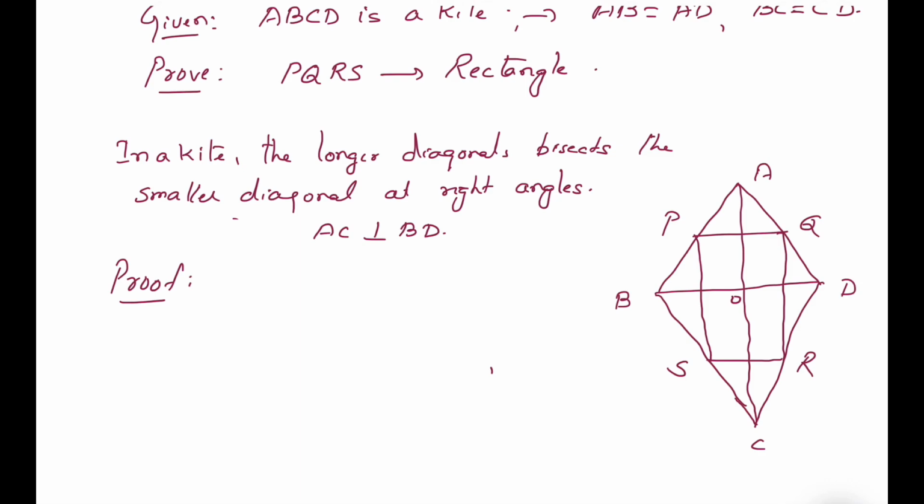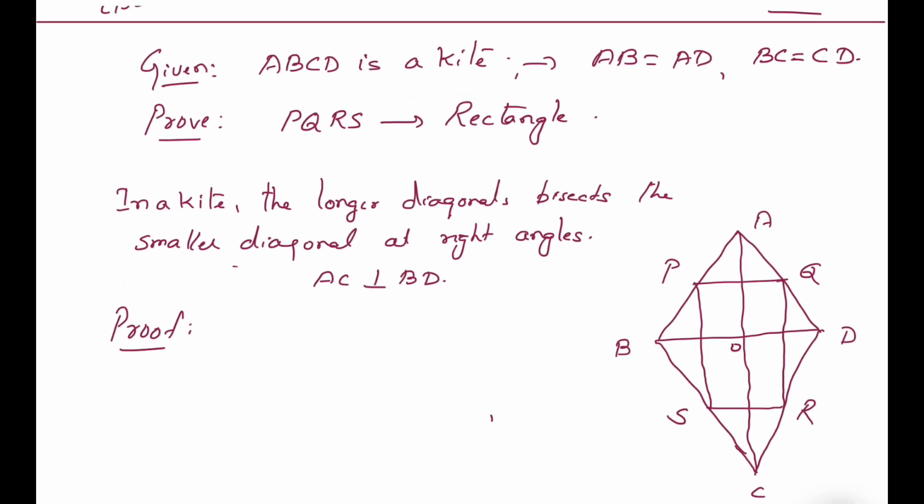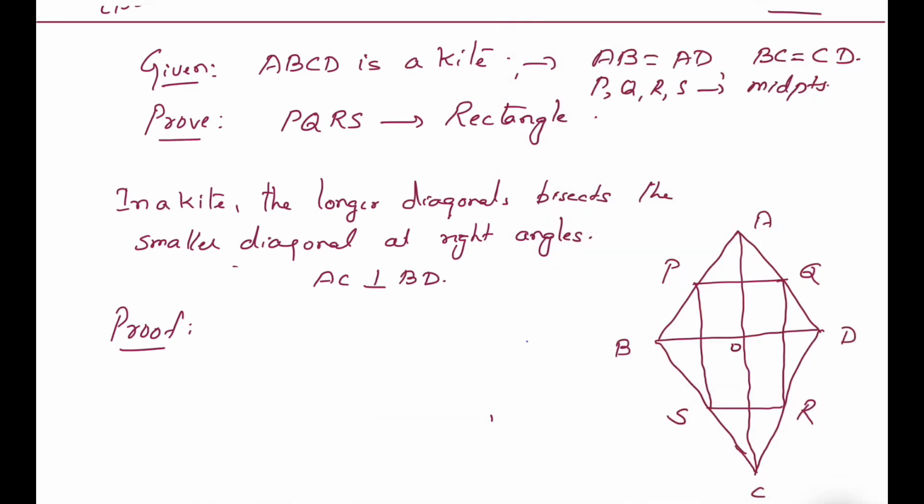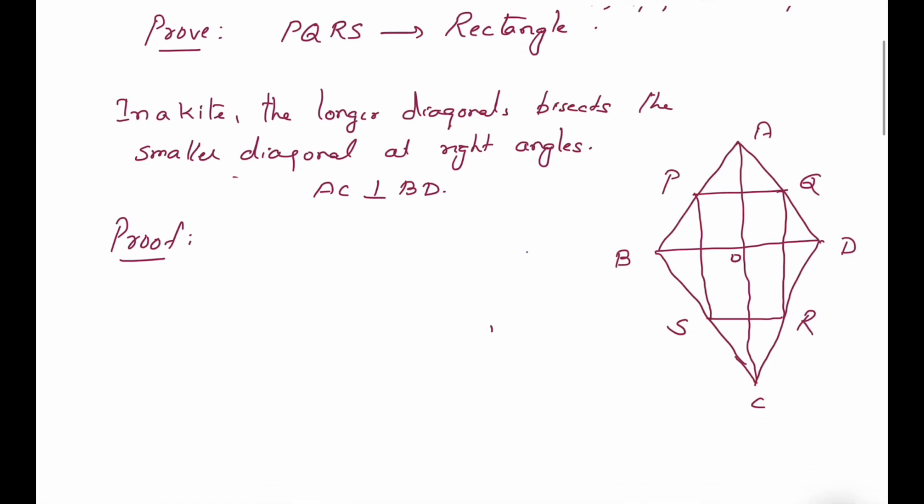Now, P, Q, R and S are midpoints. Now, you have to prove PQRS is a rectangle.